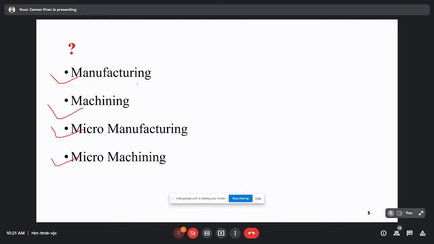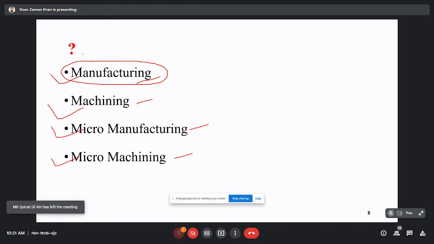First is manufacturing, machining, micro manufacturing, micro machining. Anybody? What is manufacturing in your own words? Manufacturing is something which can convert raw material into the finished product, which will be useful for us. Conversion of raw material into a finished product. Okay, so this is manufacturing.